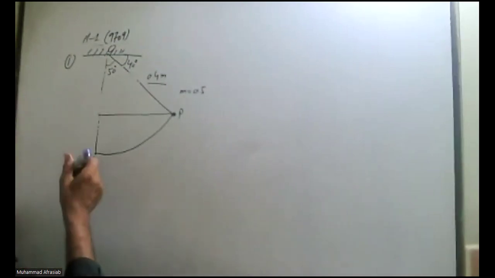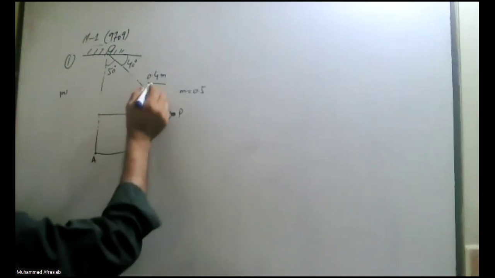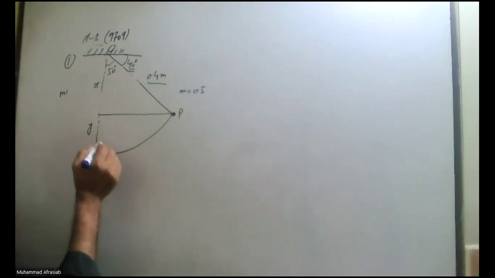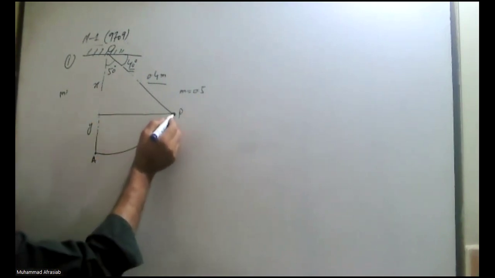Beneath O is the first part. The length is 0.4 meter and this is making an angle of 40 degrees, so this will become 50 degrees. Now we will make it as x and y, where the particle P is at this position and it is going to come towards A. First of all, we are going to calculate this x value.